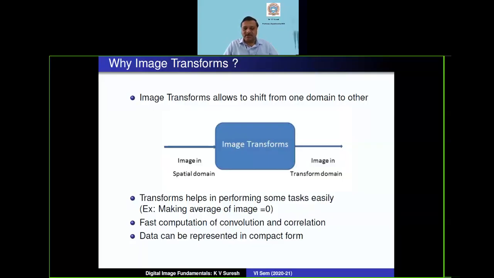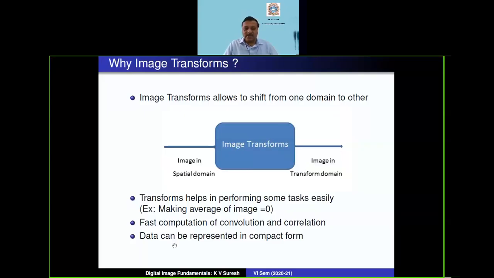So by using some structure of the signal, I can do fast computation of these operations like convolution and correlation. So the first reason why transforms are useful is you can perform some tasks easily. Good example is convolution.